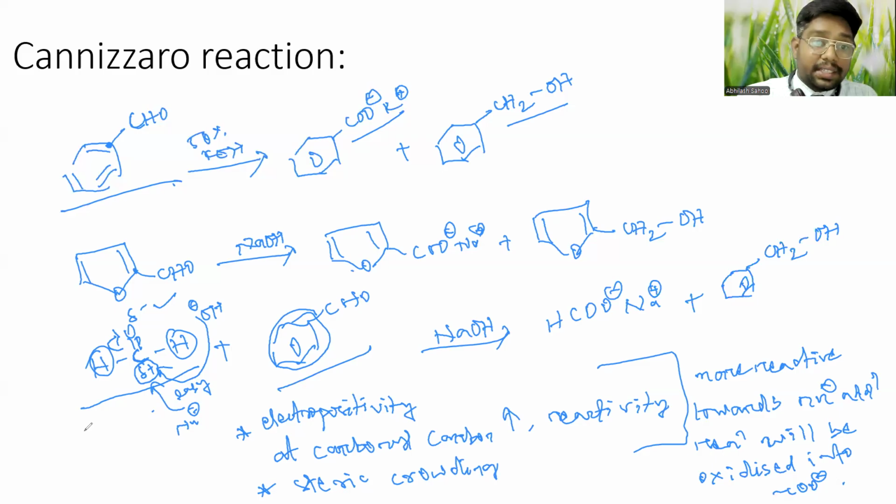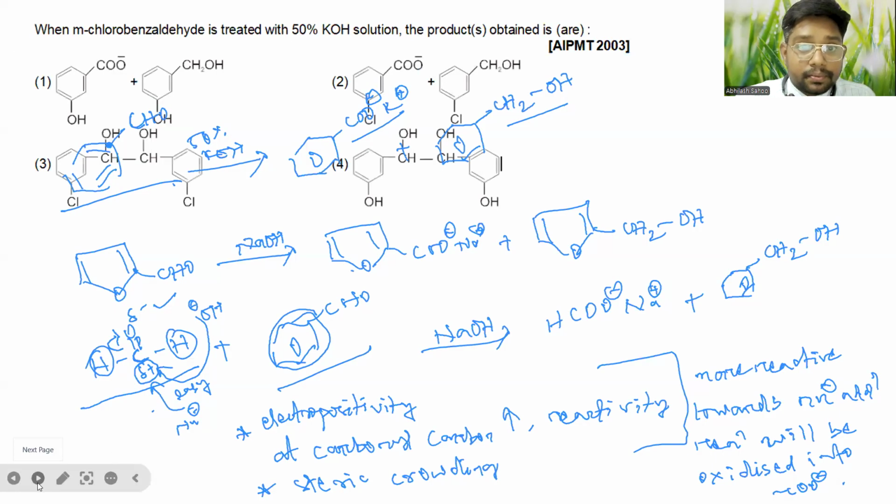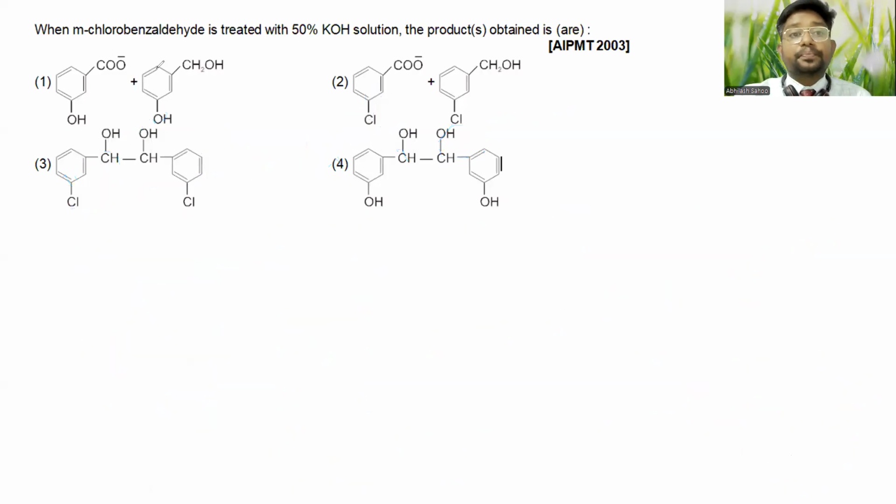So now let us see some more questions. Now see here. This question came in AIPMT 2003, and also in IIT. When metachlorobenzaldehyde is treated with 50% KOH solution, the product or products obtained are what?